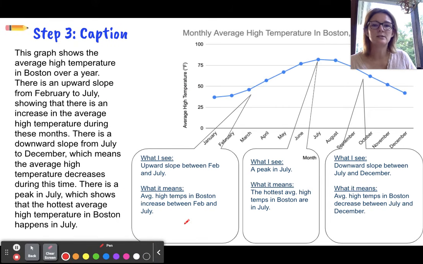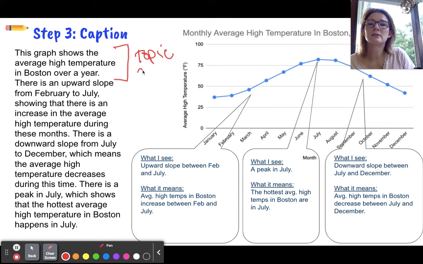Here is all that we have seen before, our "what I see" and "what it means" statements, and here is the caption. Topic sentence: This graph shows the average high temperature in Boston over a year. That is what's on the graph. Then we join the "what I sees" to the "what it means." There's an upward slope from February to July, showing that there is an increase in the average high temperature during these months.